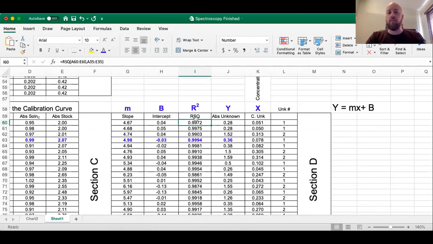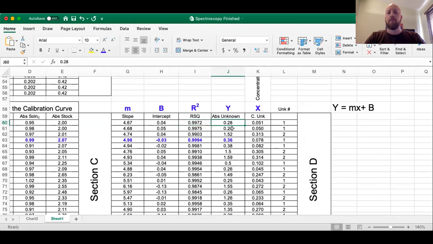Values as close to 1 as possible are better, more linear data sets. If we don't have any particular way of doing error analysis, it's a good way to check that our data is at least somewhat precise.